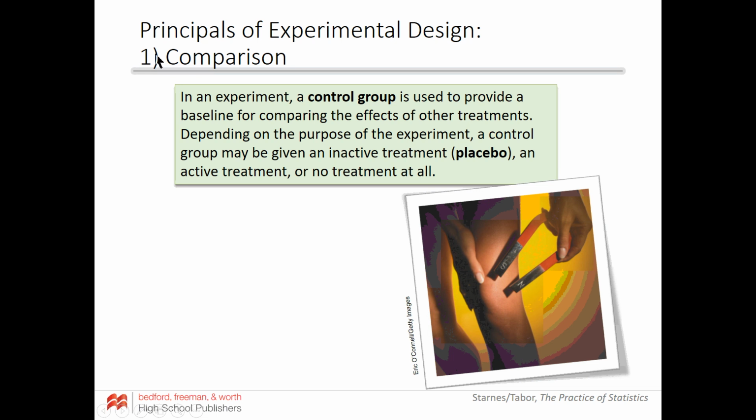So the first principle, comparison. In an experiment, a control group is used to provide a baseline for comparing the effects of the other treatments. So in my heart medication experiment, I would want to give the placebo to people because I want a baseline.